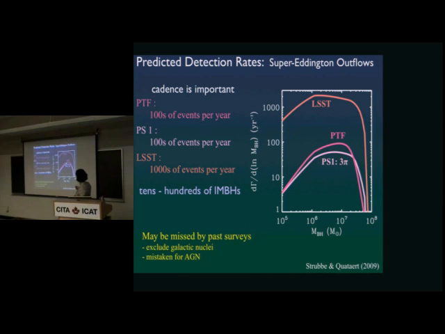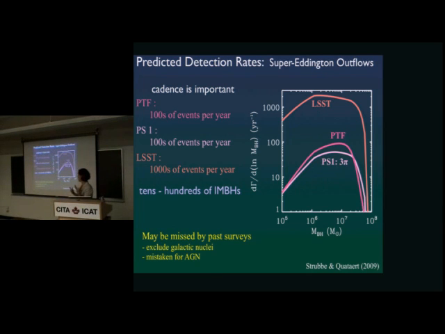And so both of these surveys should be sensitive to hundreds of events per year. And LSST should be sensitive to thousands of events per year, of which tens to hundreds could be in this 10^5 to 10^6 solar mass range, where we know relatively little about the black holes.